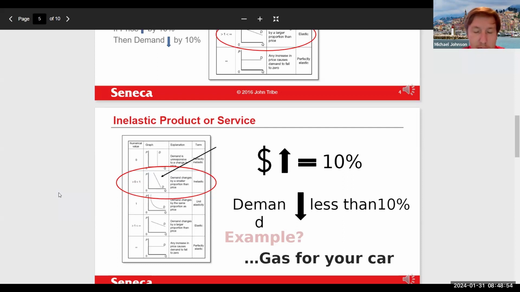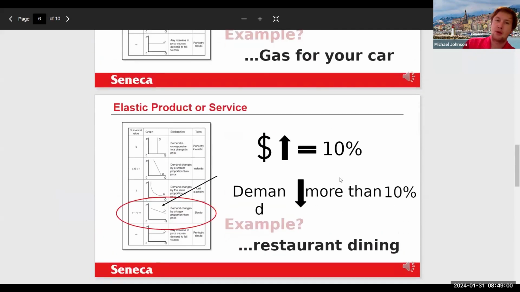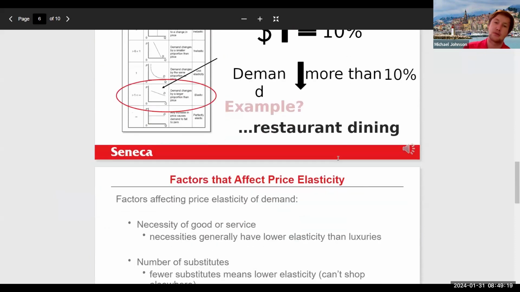It will not decrease as much as the price increased. While if the price goes up by 10% and the quantity demanded goes down by more than 10%, that's a want, something that you don't need. Restaurant dining would be like that.